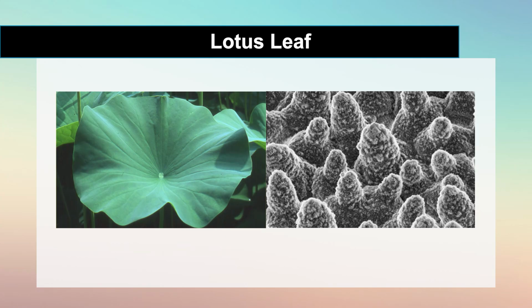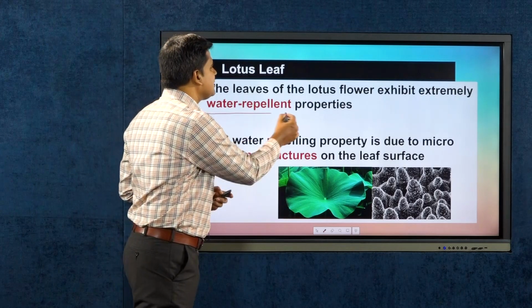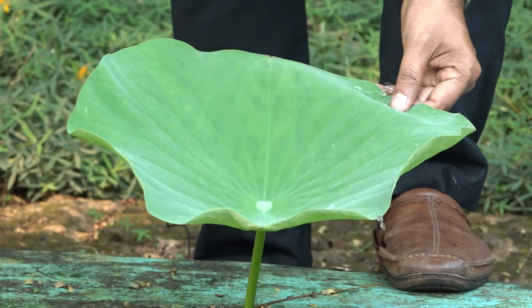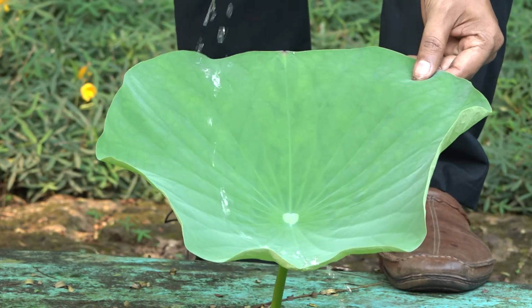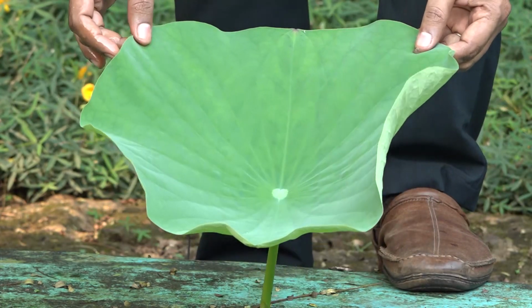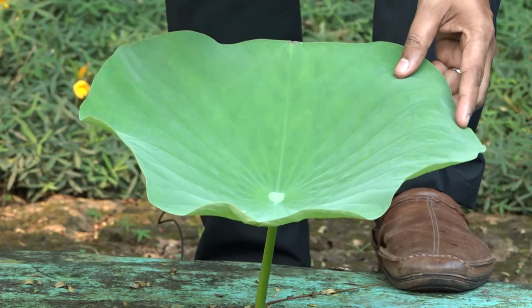The leaves of the lotus flower show a phenomenon called hydrophobicity, which means a strong water repellent property. For example, if you pour some water on the surface of a lotus leaf, it will never get wet because the water is totally drained from the surface.